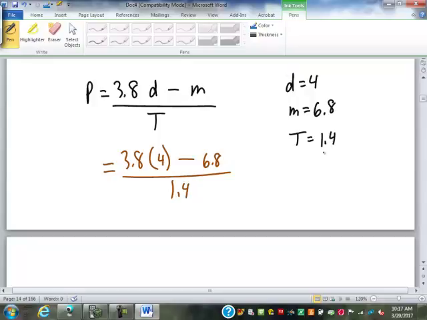Now, of course, we have to do everything on top first. The parentheses I just put in there to signify multiplication, so I didn't confuse a dot for multiplication with a decimal point. 3.8 times 4 is 15.2.